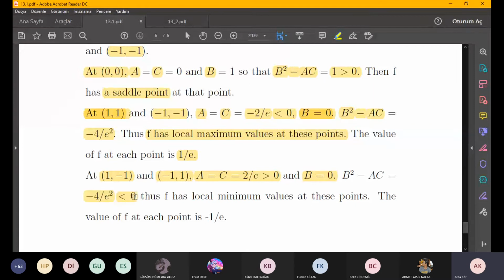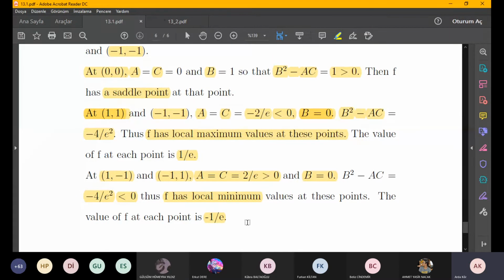So from the conclusion of the theorem, f has a local minimum value at those critical points, f(1,-1) and f(-1,1), which are equal to -1/e.